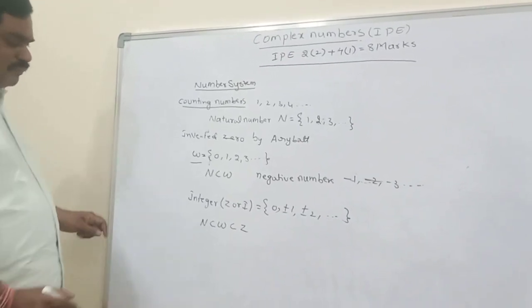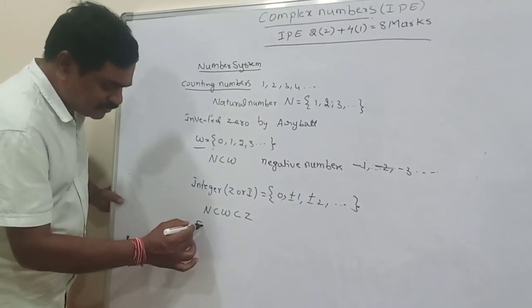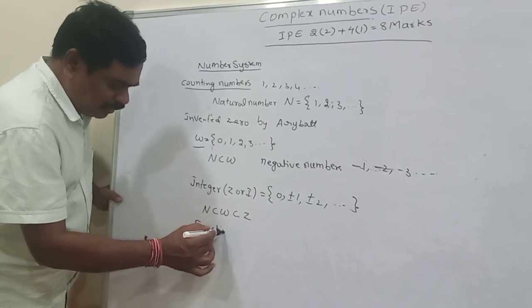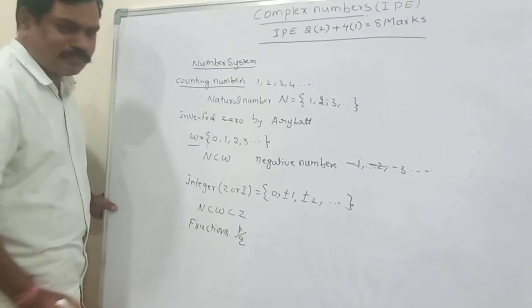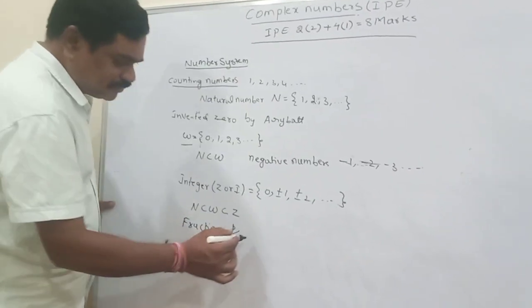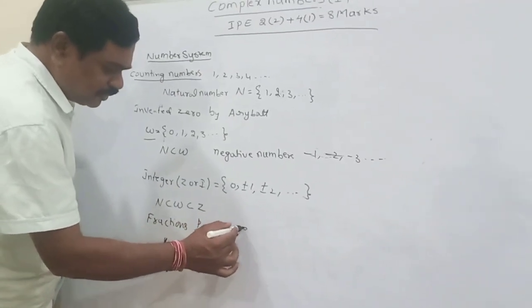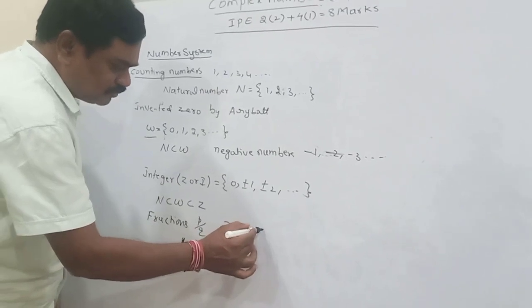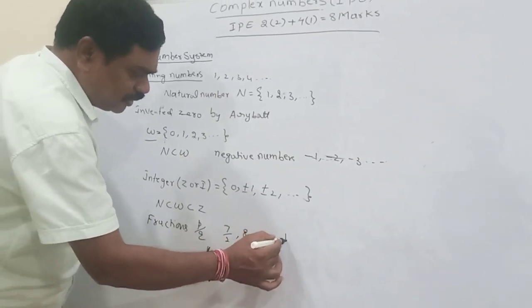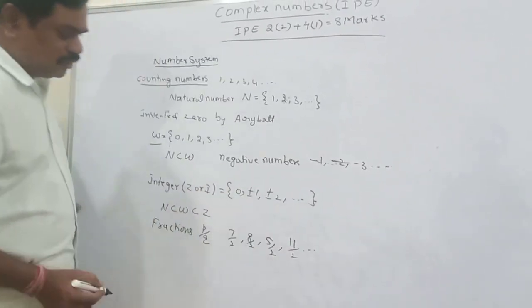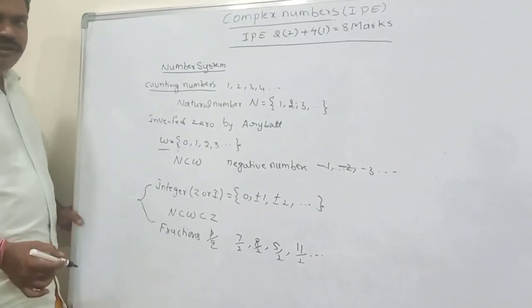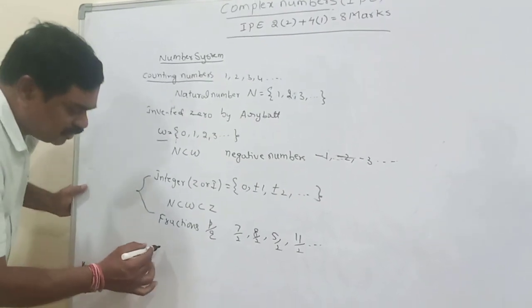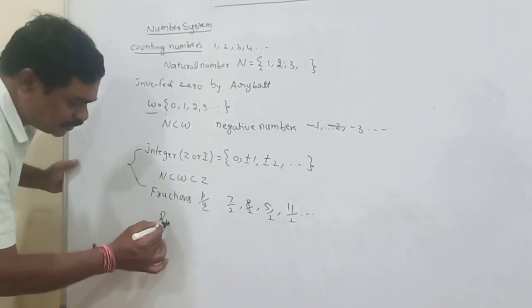Next, fractions. Fractions are in the form of p by q, like 7 by 2, 8 by 2, 5 by 2, 11 by 2 and so on. Here integers and fractions are called rational numbers.